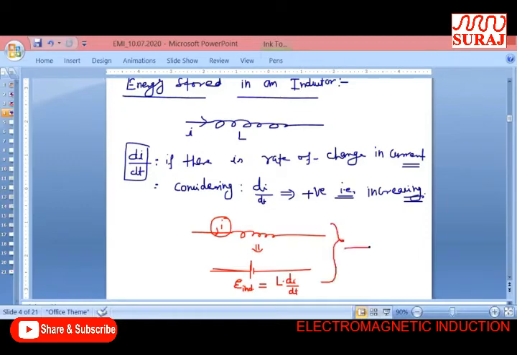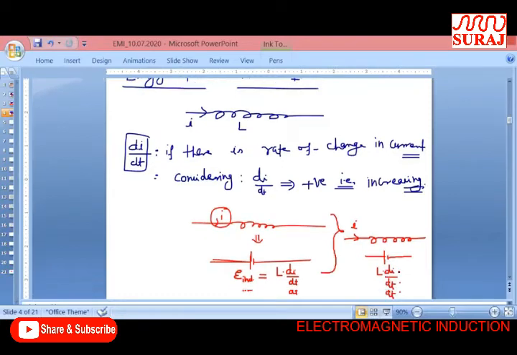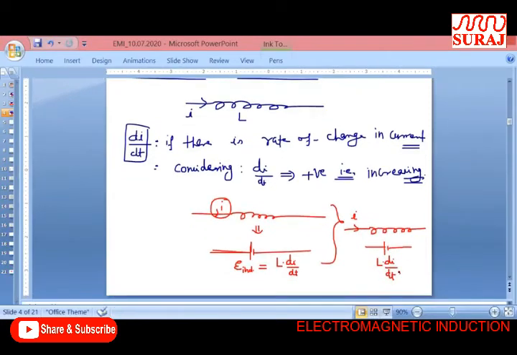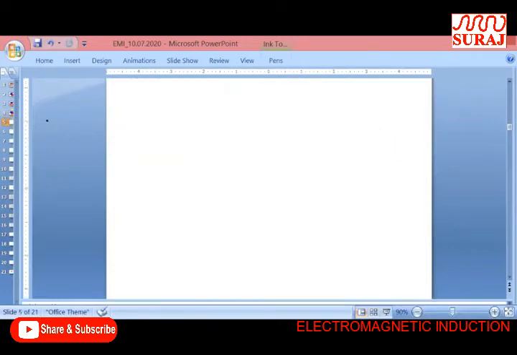So we have an inductor in which, at an instant, the current is I and the induced EMF is L di by dt. If we continue with the same thing, in the next slide I will show you.